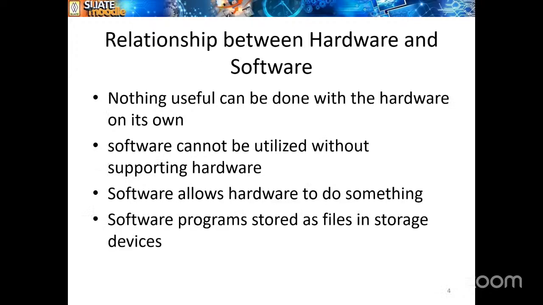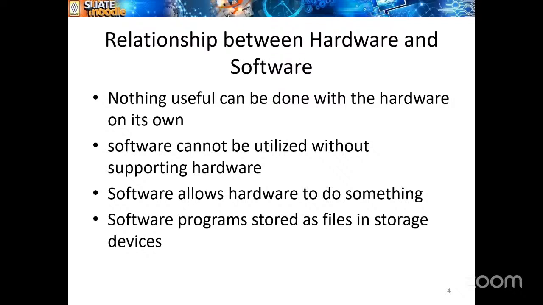Okay. So what is the relationship between the hardware and the software? Nothing useful can be done with the hardware on its own. The hardware is a physical component. It can't work without the help of the software.